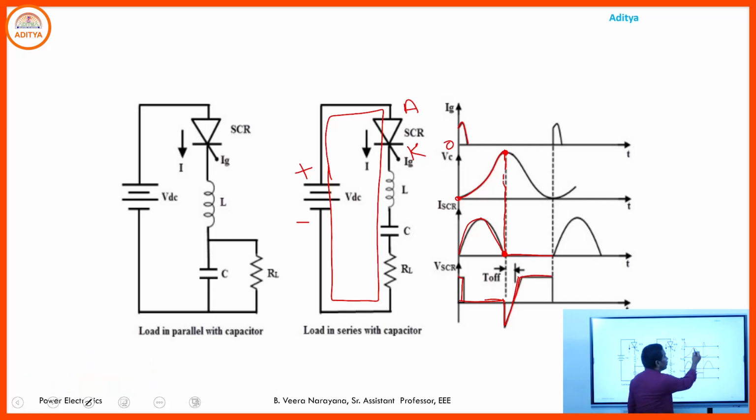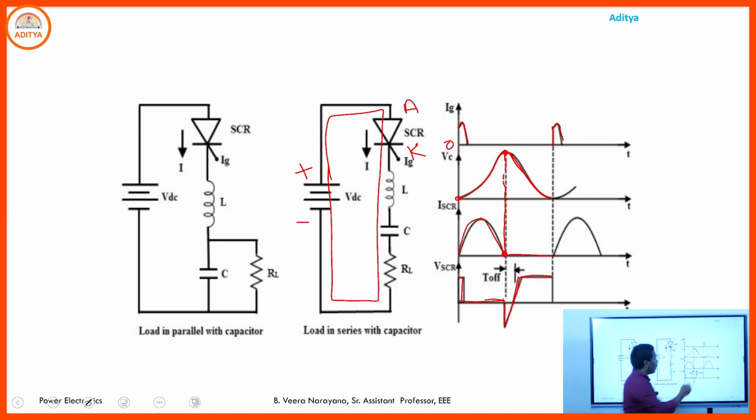Up to this, the capacitor starts discharging, and whenever this capacitor is completely discharged, again we need to provide the gate pulse to the SCR. Here again we provide the gate pulse to the SCR.